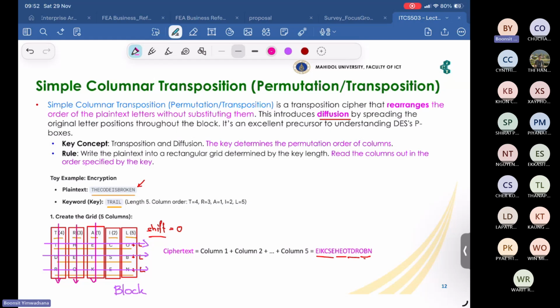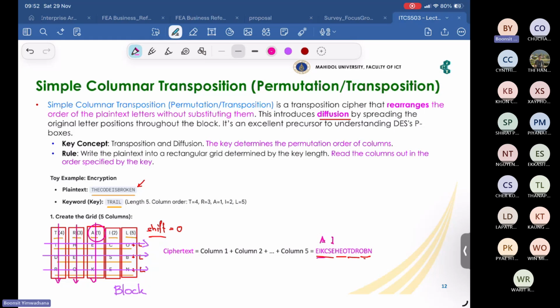In this example, we also send the column that contains the least value of the key first. So we send A, is EIK, and then we send what column next? The I column.